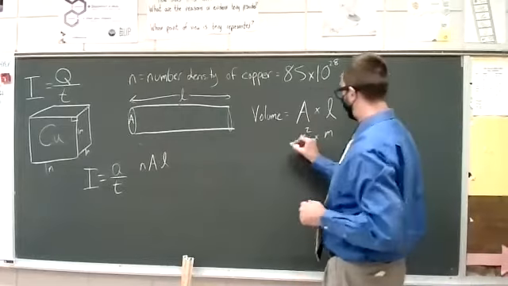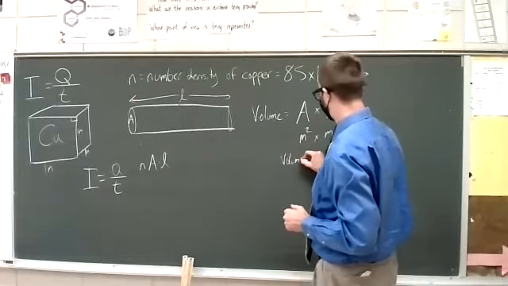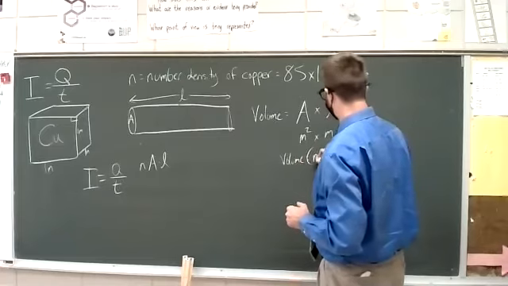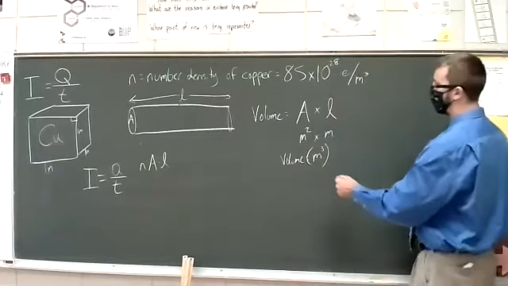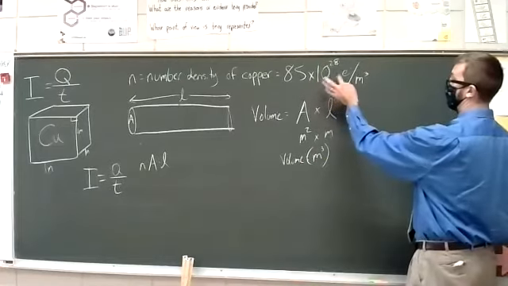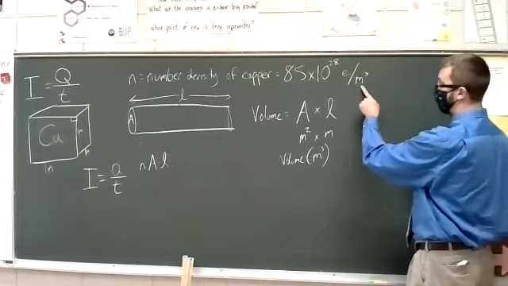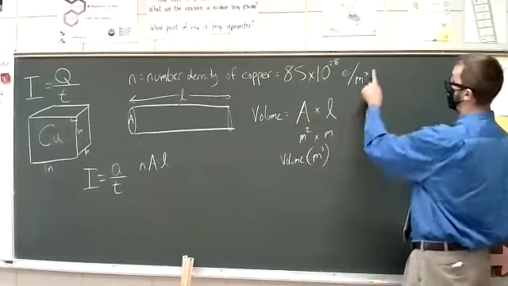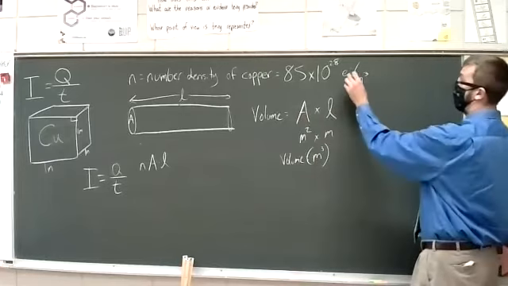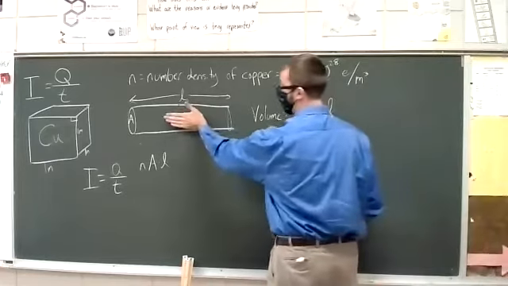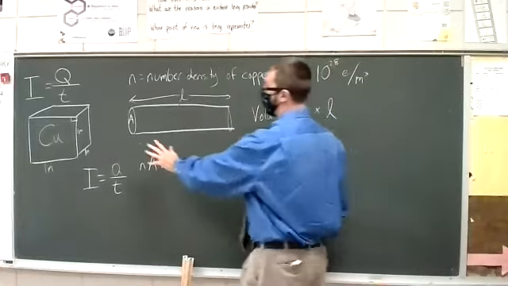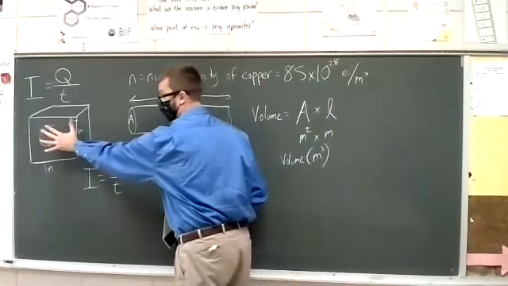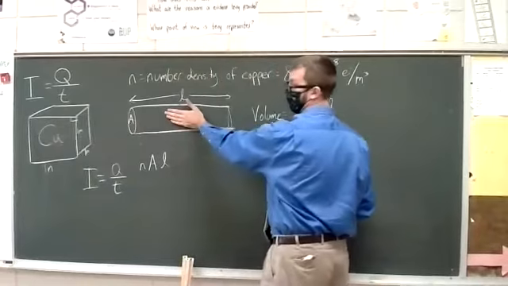That's how I get my volume measured in meters cubed. So when I multiply the number density, electrons per cubic meter, by the volume in meters cubed, I cancel out meters cubed, and I just have how many electrons are in this piece of wire. Not in my whole cubic meter, my unit volume, but my actual wire, okay?